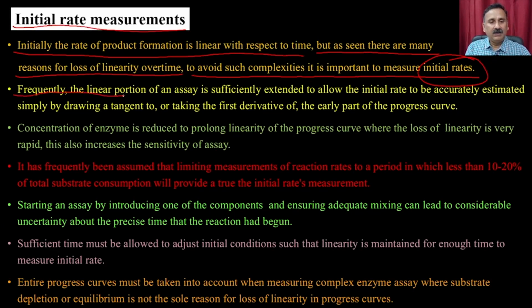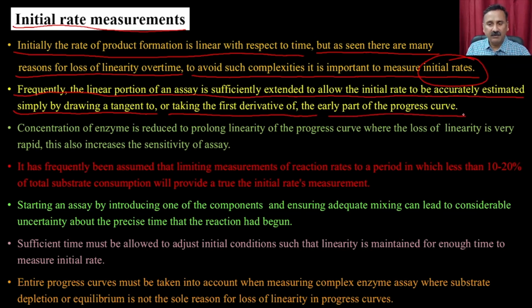Frequently, the linear portion of an assay is sufficiently extended to allow the initial rate to be accurately estimated simply by drawing a tangent or taking a first derivative of the early part of the progress curve.